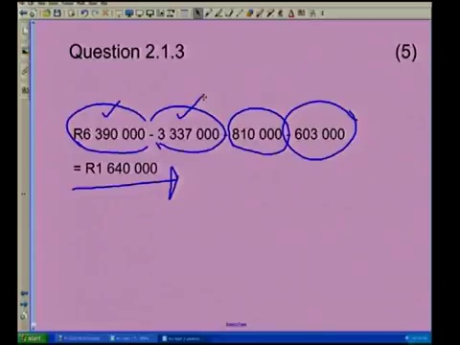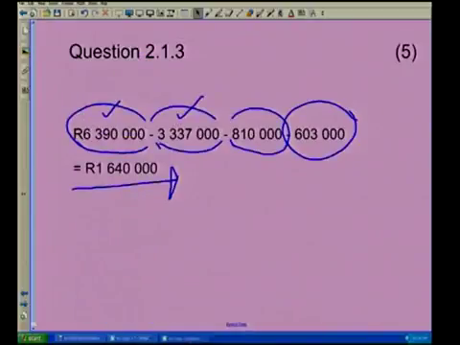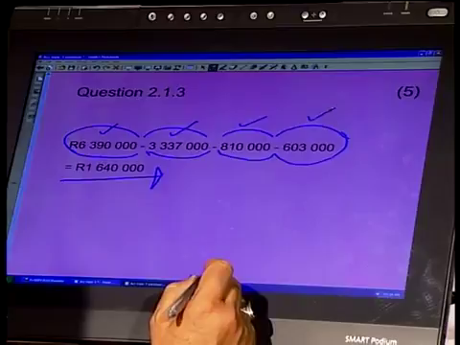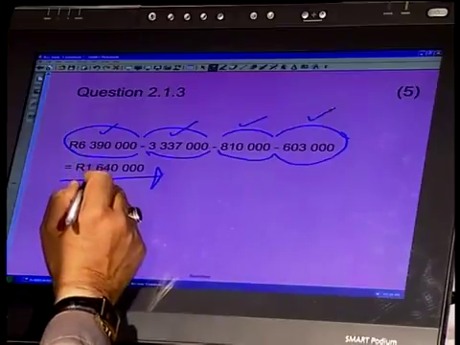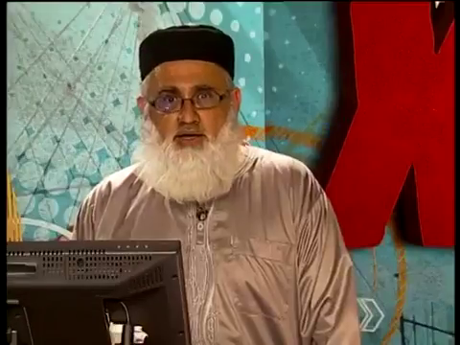In order to calculate your net profit, it's your sales minus your cost of sales. Okay? Notice, sales minus my cost of sales minus what? My selling, and this one was my admin cost, I think it was. Let's just confirm. Admin was 810,000. That's correct. There's my admin cost, minus my admin cost and minus my selling and distribution.